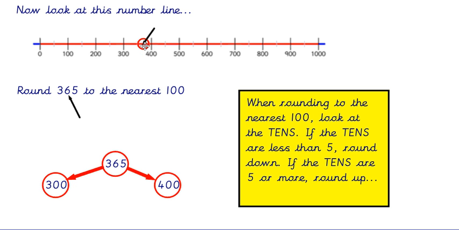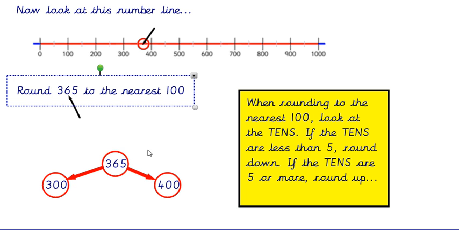So we've got a choice to round it down or to round it up. And when rounding to the nearest 100, you need to look at the tens column. If the tens are less than 5, you're going to round it down, and if the tens are 5 or more, you're going to round it up. So 365 to the nearest 100, we're going to round it up to 400.